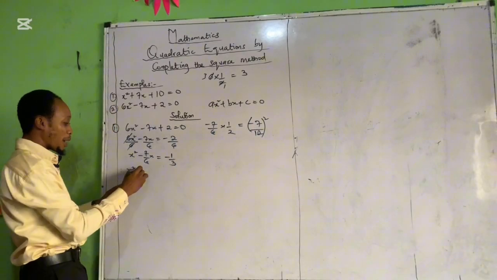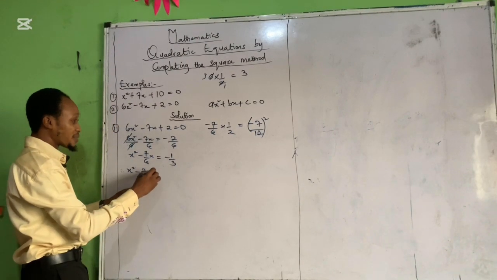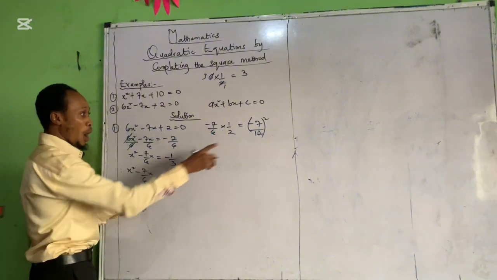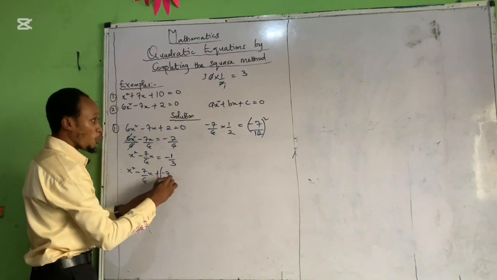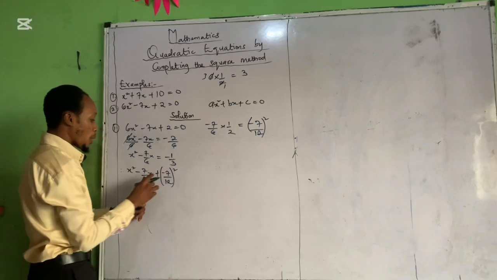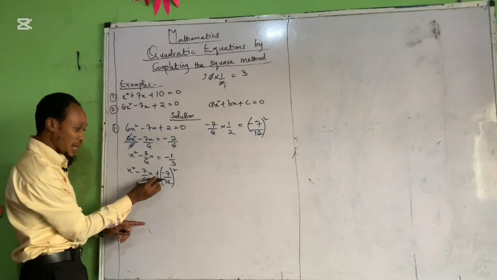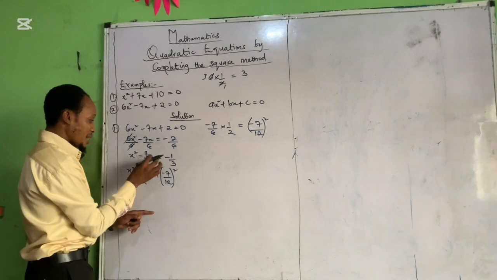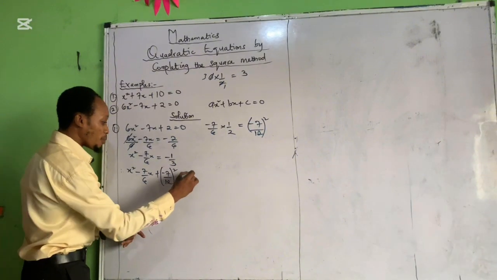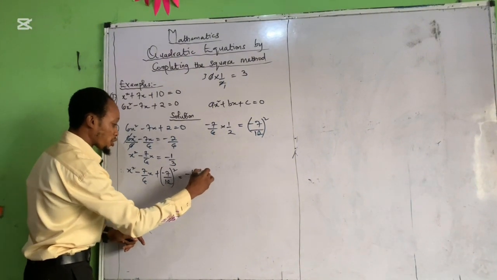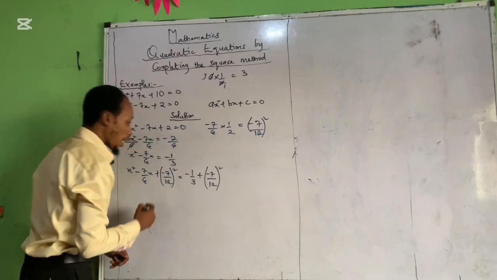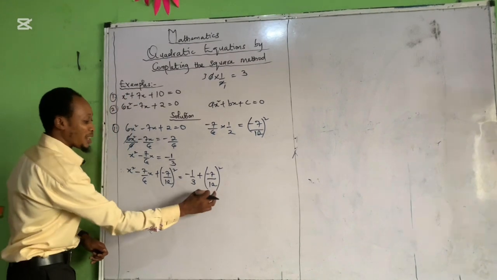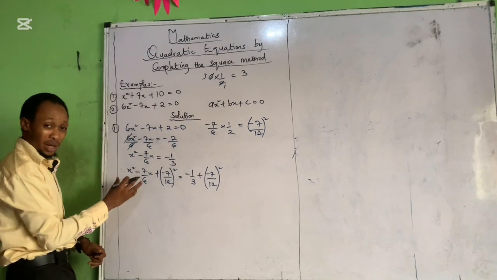So you have x squared minus 7 over 6x, plus minus 7 over 12 all squared. You are adding this to both sides, here and here, equals minus 1 over 3 plus the minus 7 over 12 squared. Now at the end of the day, we can simplify this. Leave this one alone because we are still combining the square.